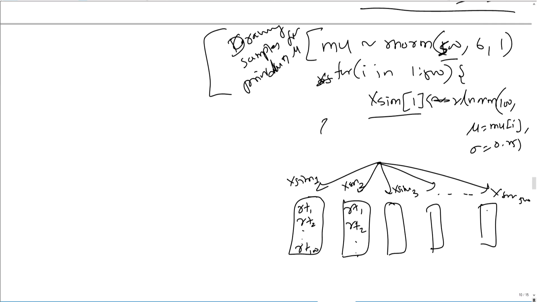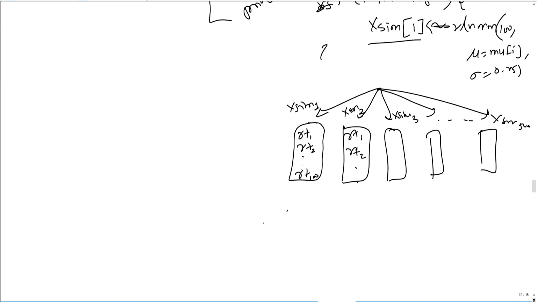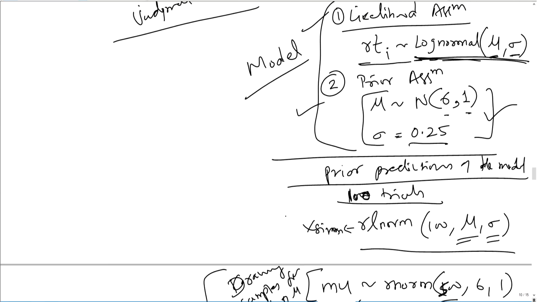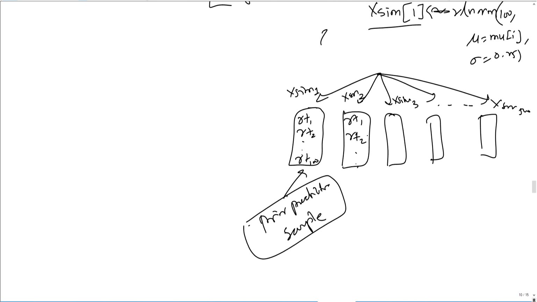What does each prior predictive sample mean? Well, each sample indicates experimental data. If your prior assumptions and your likelihood assumption are all correct, and you do experiments repeatedly, then each time this is the kind of data you might see.